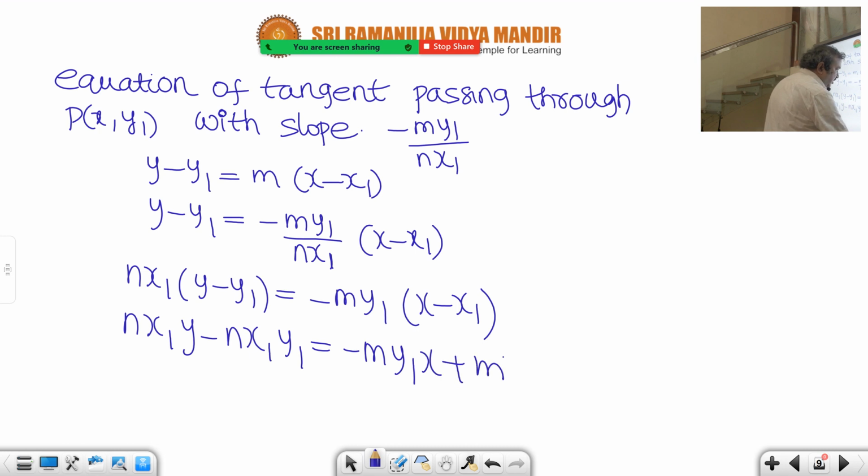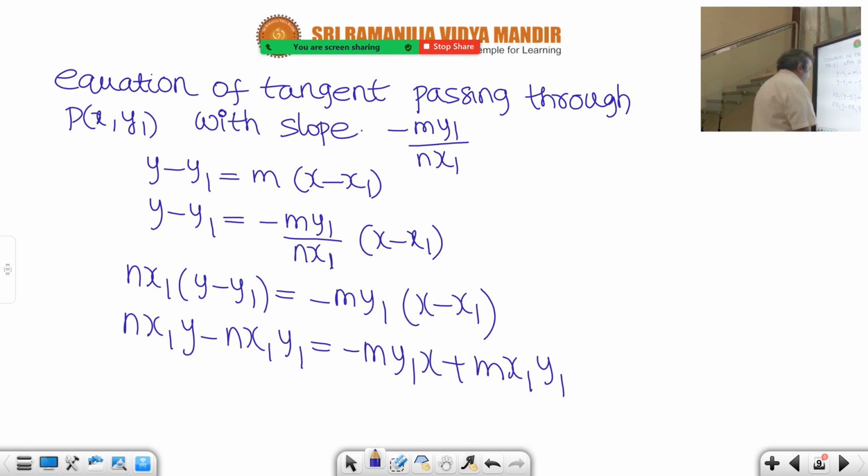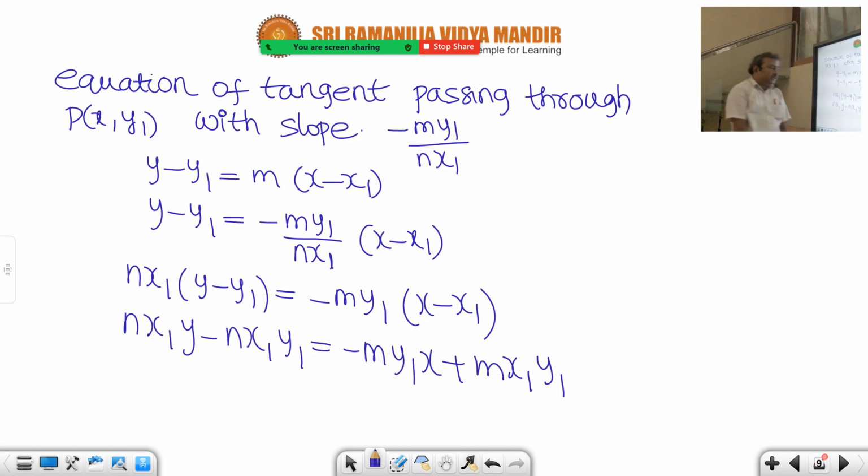y1 x plus m x1 y1. Correct? And after this, this is plus and this is minus. Now, so from this m y1 x plus n x1 y is equal to, on the right hand side, n x1 y1 and m x1 y1.